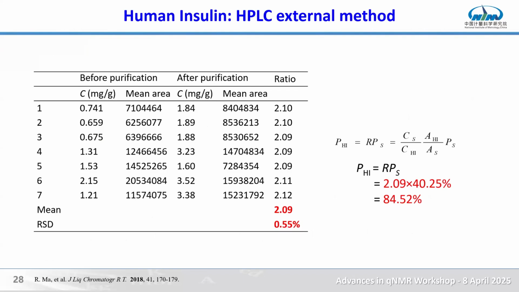The purified HI was applied as a standard to measure the purity of original HI by HPLC. According to the ratio between the concentration and the HPLC peak area of HI before and after purification, the purity of original HI was then calculated as 84.52%.